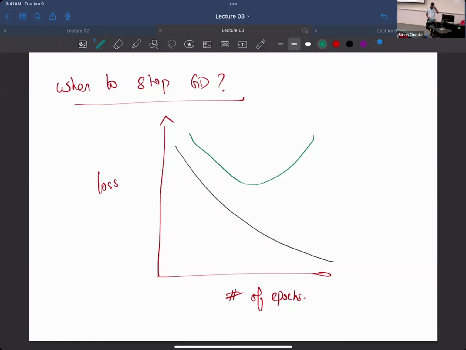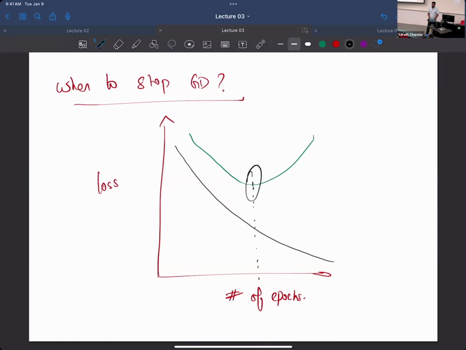So what people do in practice is track the validation loss. Okay, so whenever you get a minimum validation loss, note down that epoch number. Okay, so in this case, this is the place where you got the minimum validation, right? So which means this is the epoch that you should stop.